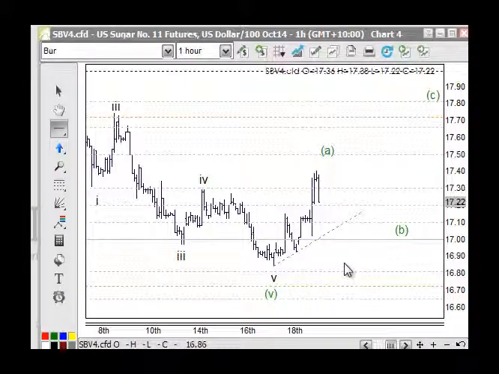The first step in getting a position here, we're going to use the weekly robo, and that would have triggered a position in at 17.19, but I didn't mention that and I didn't want to do that. But what I do want to do is look for a long position if we get 17.30.